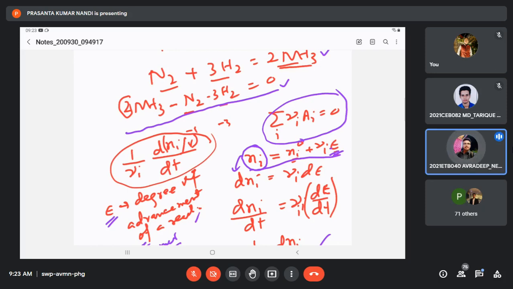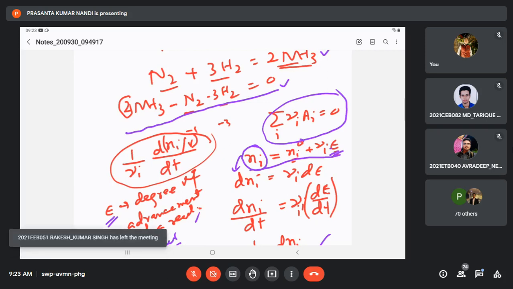Sir, please tell about n_i and n_i not. n_i is the number of moles of a reactant species, say here denoted by A_i. Say a particular reactant A_i. What is the initial number of moles of that reactant, that is, before the start of the reaction?